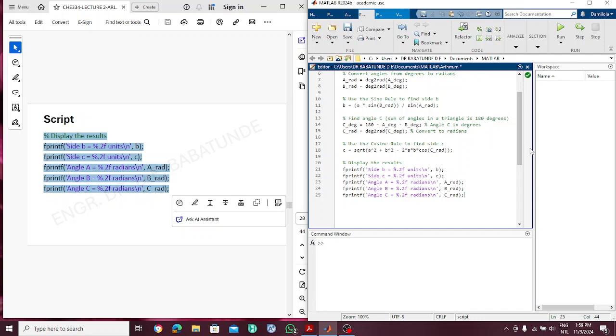Now that that is done, we can run the script and see what the result looks like. That's the result in the command window as we expect. All of the placeholders have been dynamically filled up with the variables that we passed in after the string part of the fprintf function.